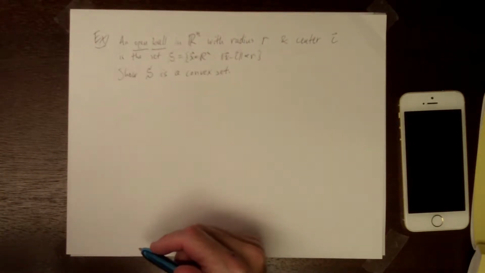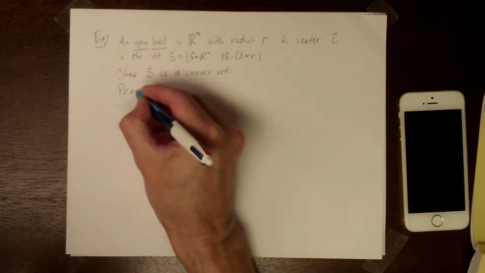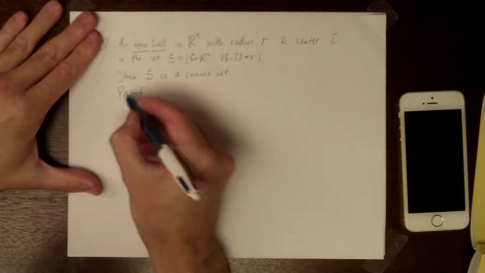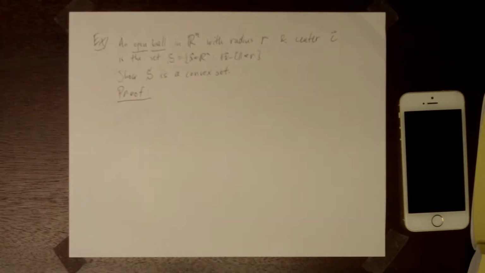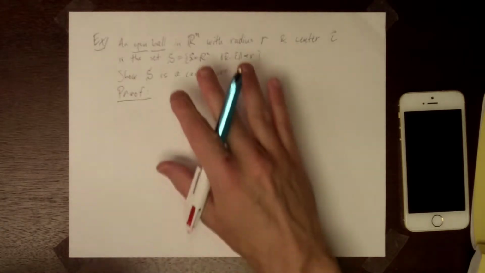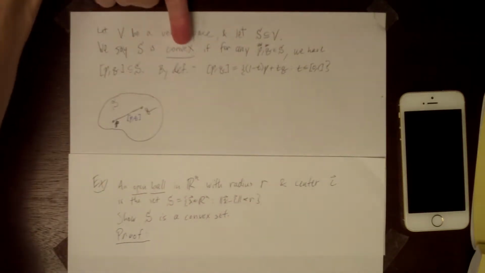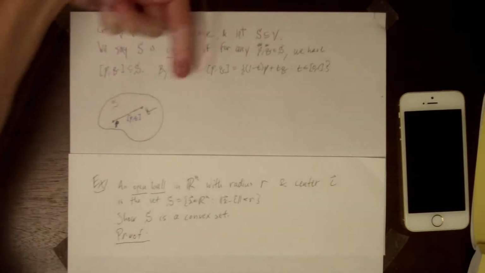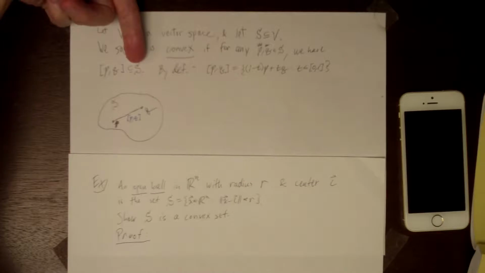Okay, so what we have to do is show, so here it is, proof. All right, so what do we have to show? To show that S is convex, we need to show that for any 2 points in S, P and Q, the line segment from P to Q is a subset of S.